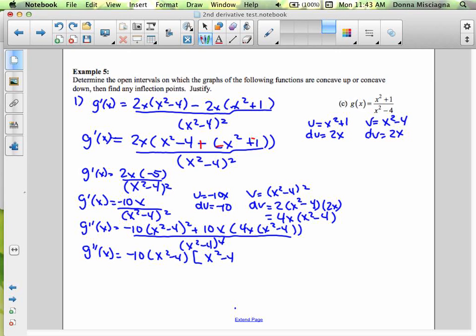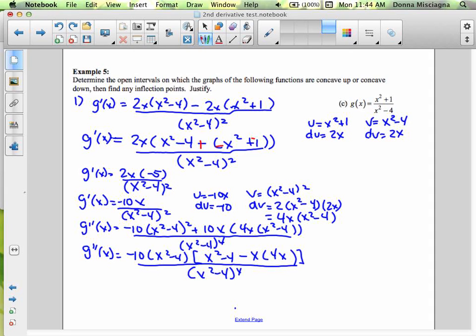In the second term, we'll have minus, because we factored out a negative 10, so that's now minus 4x times x, and nothing else, because the x squared minus 4 is already factored out. Close my brackets. All divided by x squared minus 4 to the 4th.